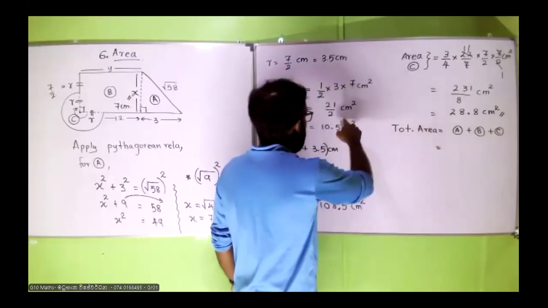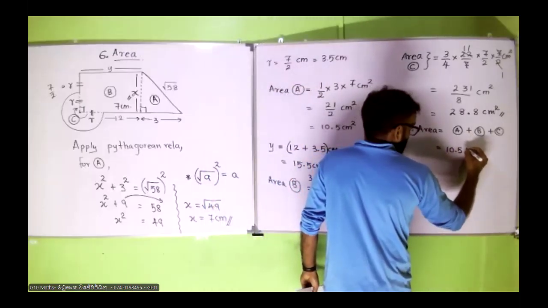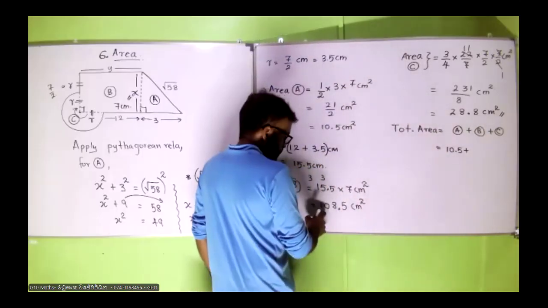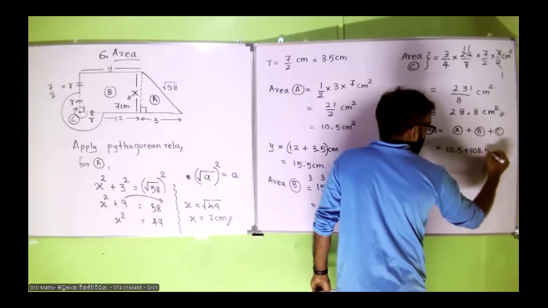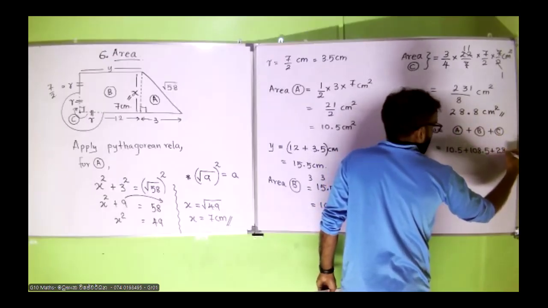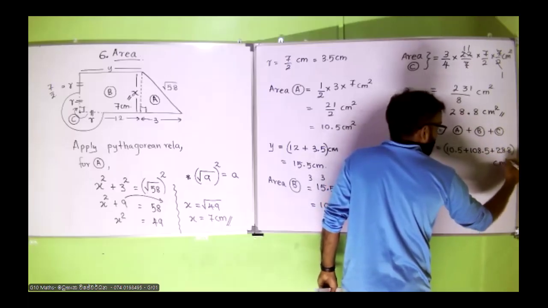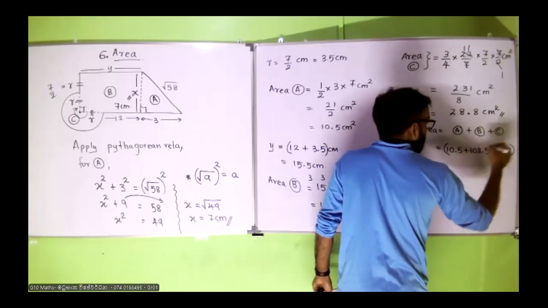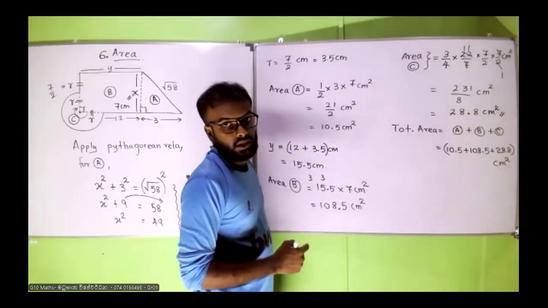So A plus B plus C. Area of A is 10.5 square centimeters, plus B 108.5, plus C 28.8. All of them are in square centimeters, so I have put brackets, and outside the brackets I have put square centimeters.